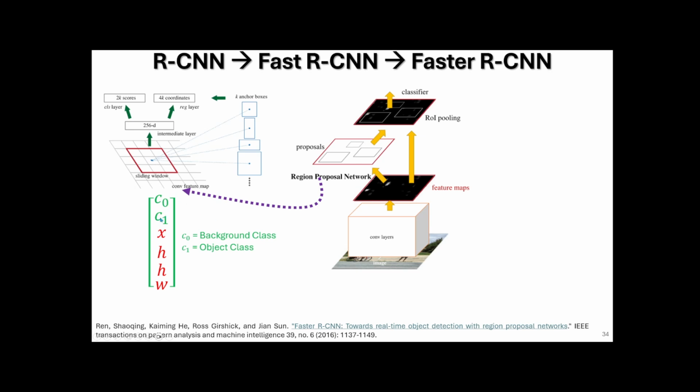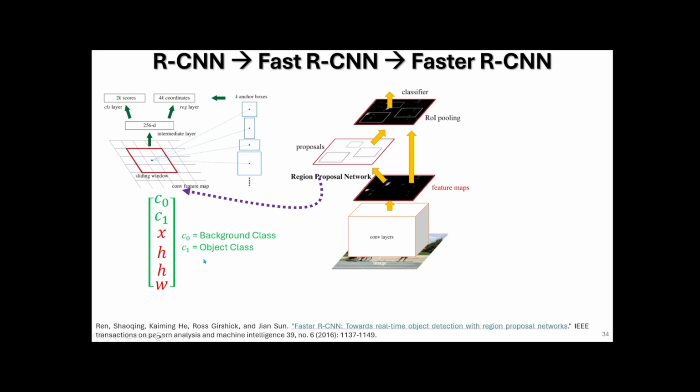This is basically just two values, c0 and c1. One is the background class and one is the object class. So it just tells you whether the object is present or not. Binary classifier kind of. So for each anchor box, it will have two values for classes, one for background and one for object, and then four values for the coordinates of this bounding box or region proposal.